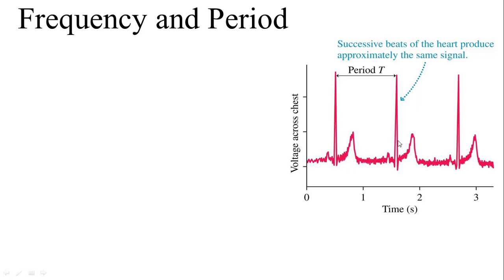From one node to another node, or one antinode to another antinode, this completes one time period. In this heartbeat, voltage occurs in the chest and time period along the x-axis.